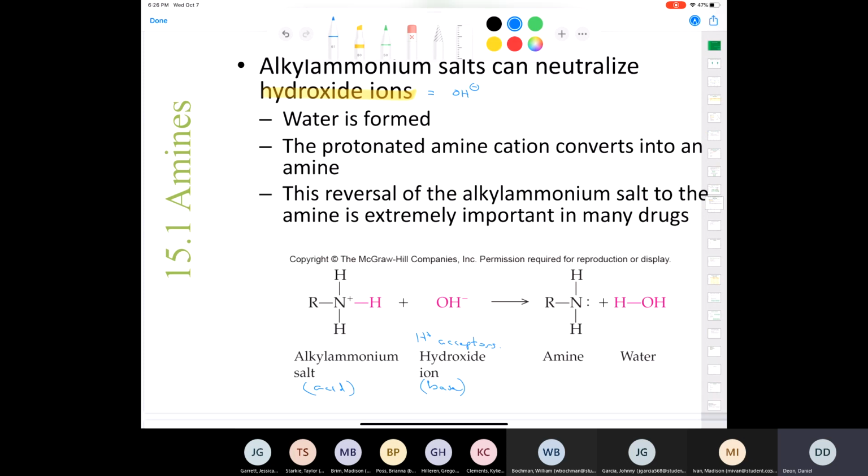And so the hydroxide is actually going to grab the proton from the alkyl ammonium, and this pair of electrons is going to go back onto the nitrogen to form the new lone pair, like that. It says here that the reversal of the alkyl ammonium salt to the amine is extremely important in many drugs.